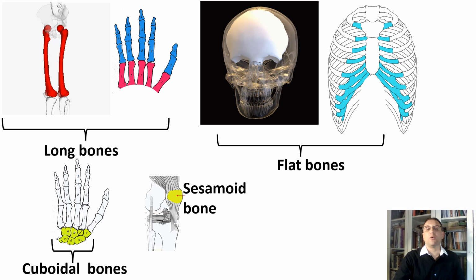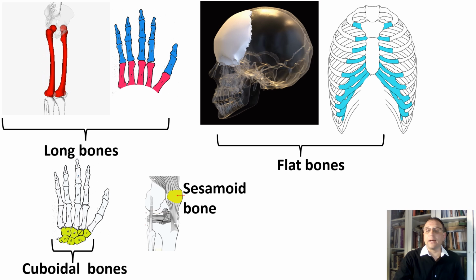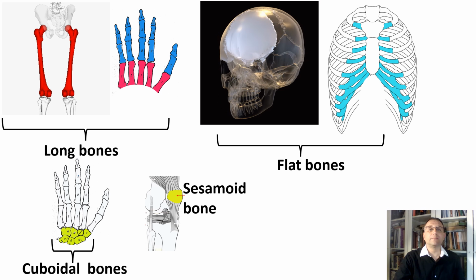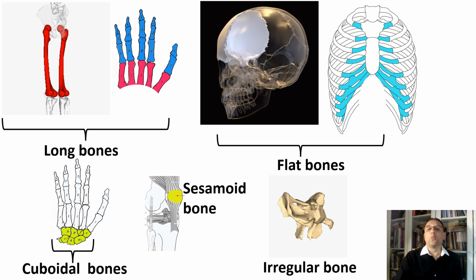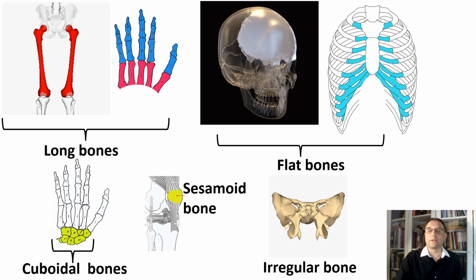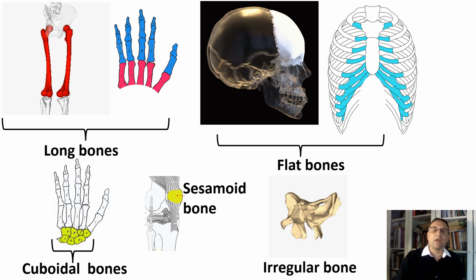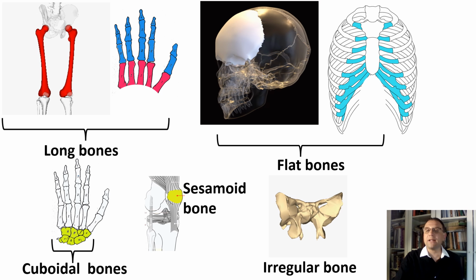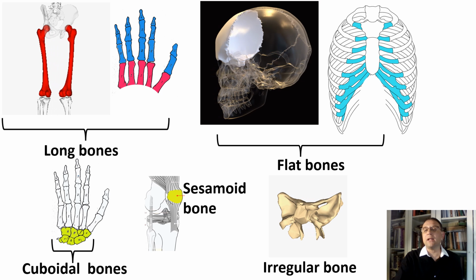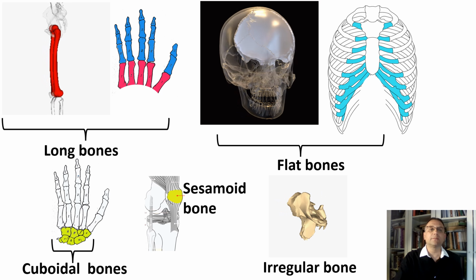The largest sesamoid bone is the patella, a kneecap. If bones do not fit any of the listed categories, we call them irregular bones. Examples are vertebra, sacrum, coccyx, temporal, sphenoid, ethmoid, zygomatic, maxilla, mandible, palatine, and hyoid bones.